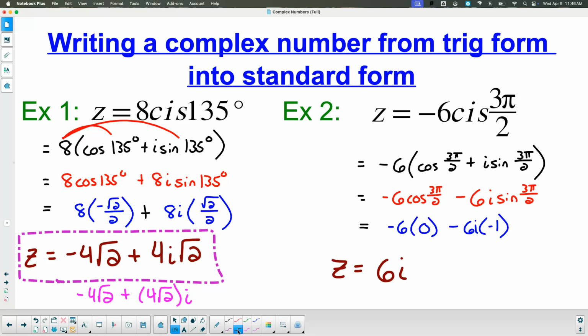Agree? Z is 6i. Now, truthfully, I'm going to actually back this up a little bit.